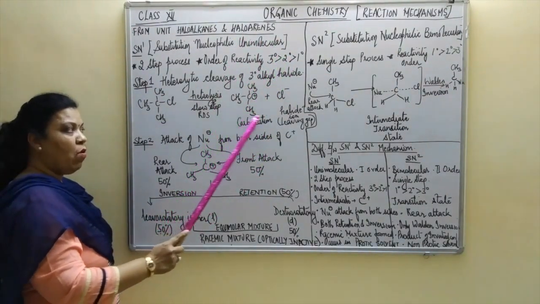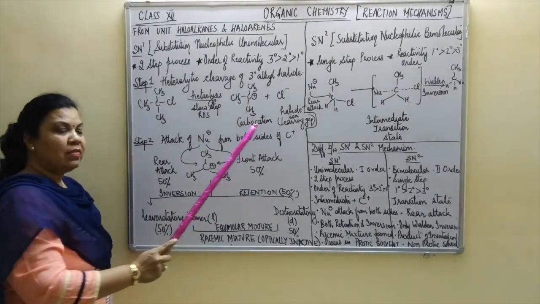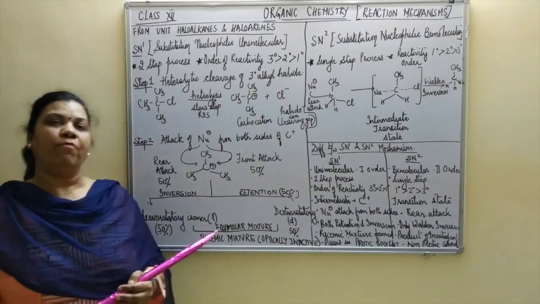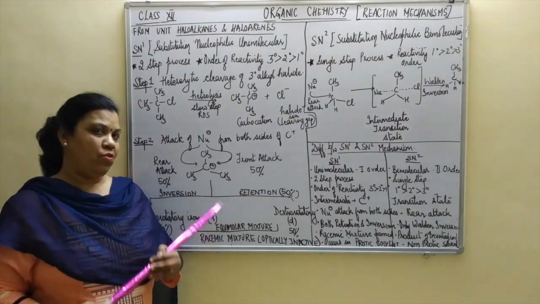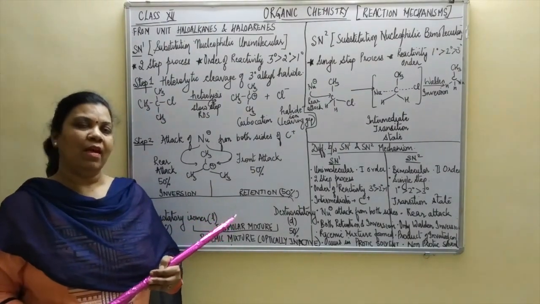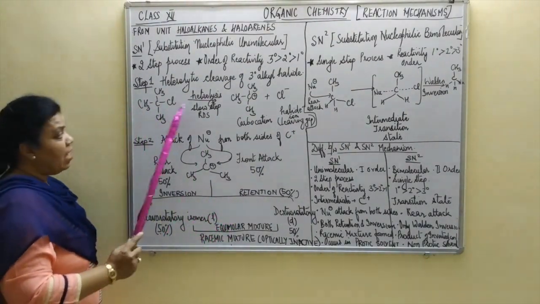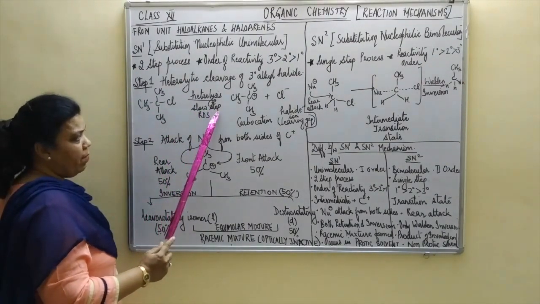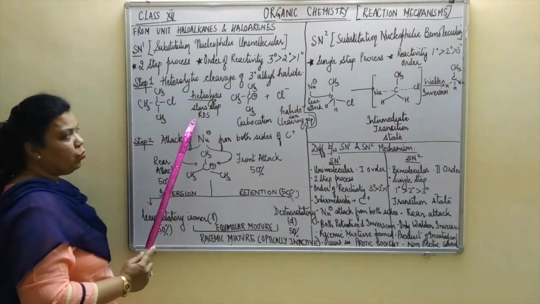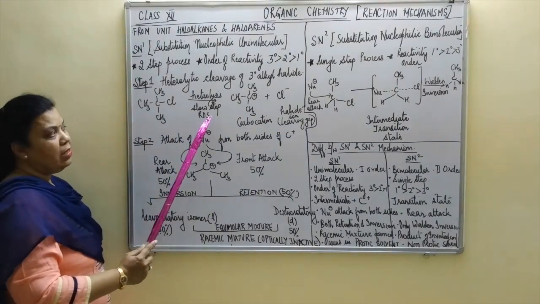The reason is because 3 degree carbocation is more stable on account of greater hyperconjugation. This you have already studied in class 11. So the first step, remember, is a slow step, and the slow step is considered to be the rate determining step.